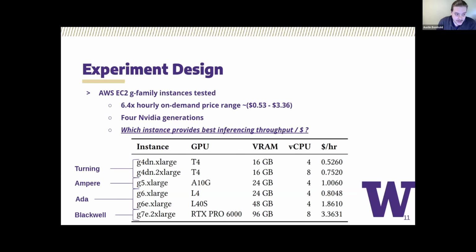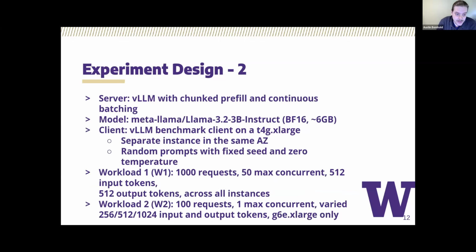So then what instances did we actually look at? 4 generations, in roughly a $0.5 to $1 hourly on-demand price range. Our goal is to figure out which one has the best inference throughput per dollar. For our server, we use vLLM with chunked prefill and continuous batching, with the same model as before.